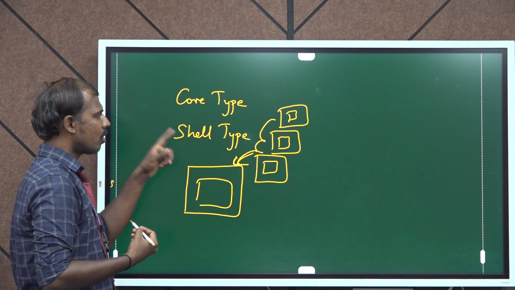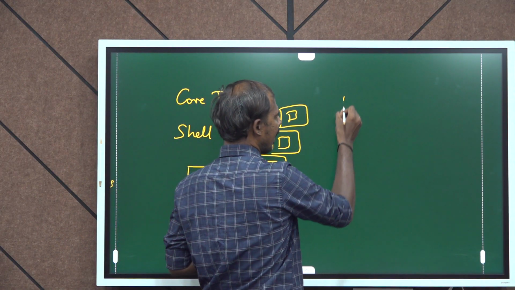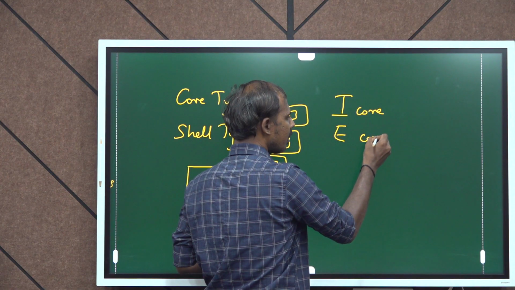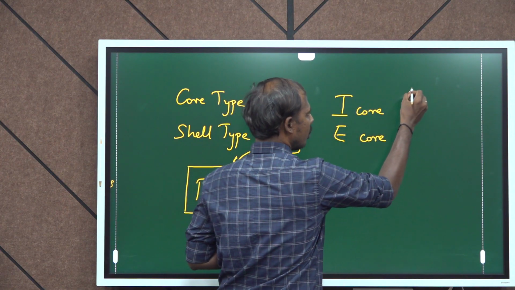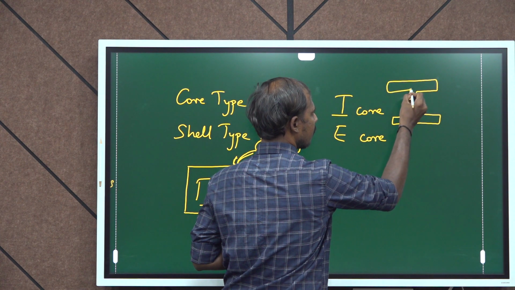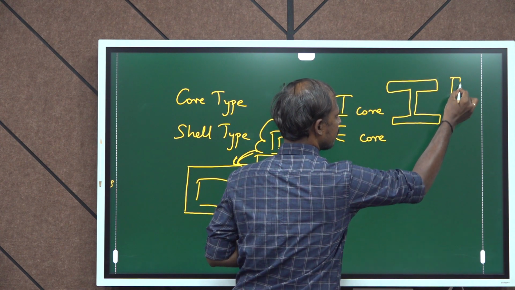Okay. So core type, in a sense, we have I core and E core. The stamping is in the shape of I, or it will be like this.